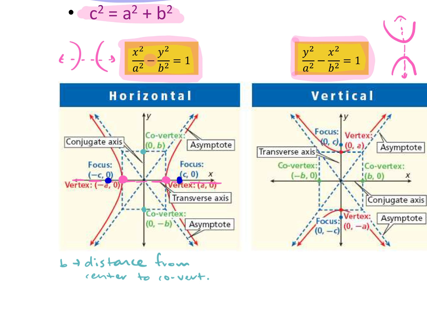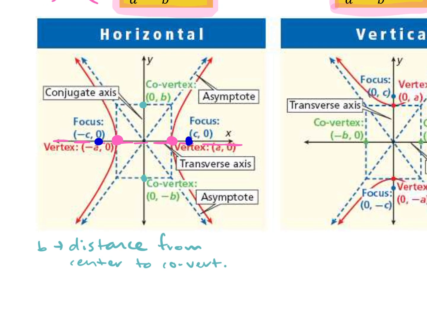We're also going to have asymptotes here. So these dotted lines are asymptotes. We'll have equations for our asymptotes on the next page, but one way that we can help draw our asymptotes is if we connect the vertices and the co-vertices with a box.